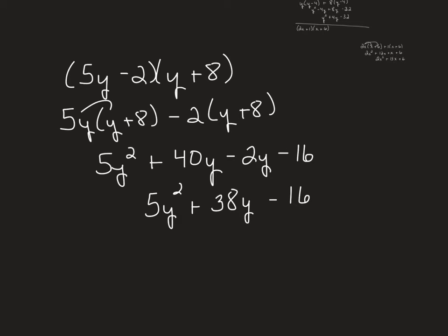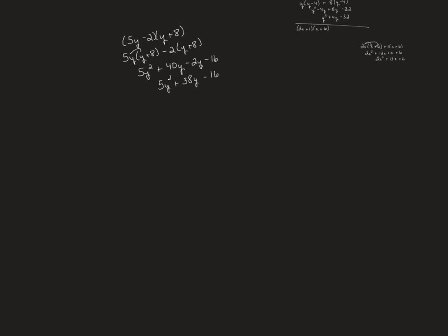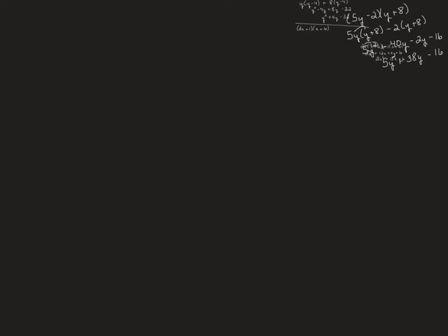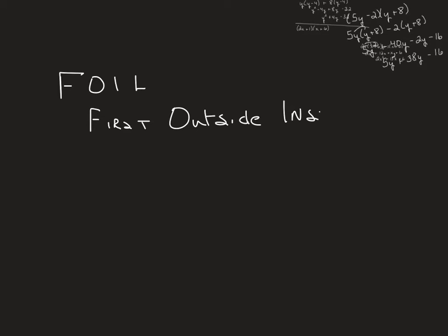We want to look at a little bit of a shortcut version of the distributive property that is called the FOIL method. Some of you have probably heard of that before. FOIL, it means first, outside, inside, last.